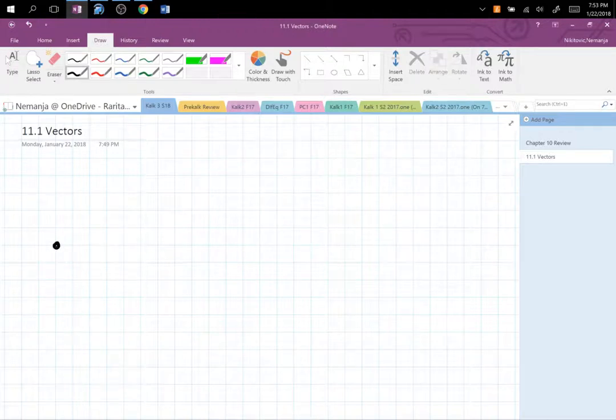If I have 2 points in space, I call them P and Q, I can stretch a straight line between those. I will have the initial and terminal point, also known as tail and head.